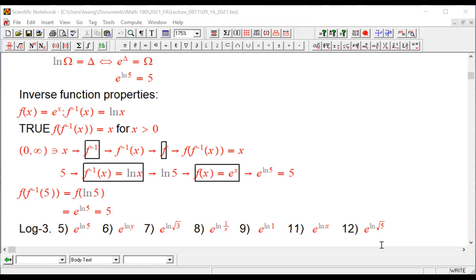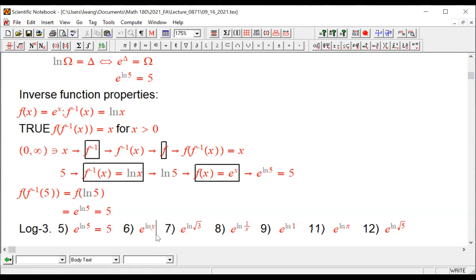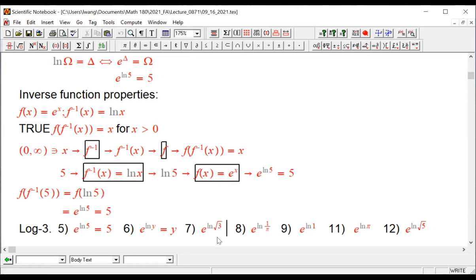Once you know the mechanism, your teacher in calculus class, all he or she expected of you is just write down the answer. So what is the answer for this guy? It's just 5, right? What's the answer for this? What's the answer for this guy? What is it? Root 3, right?